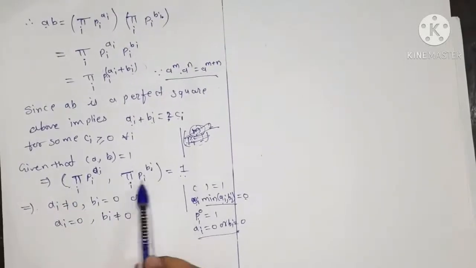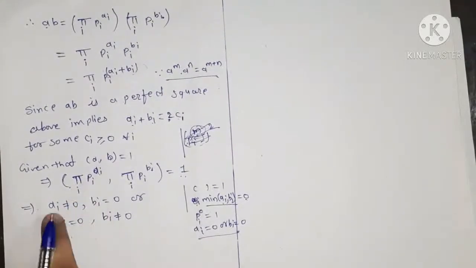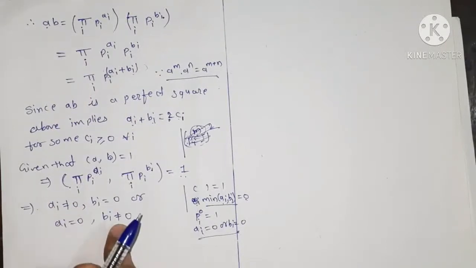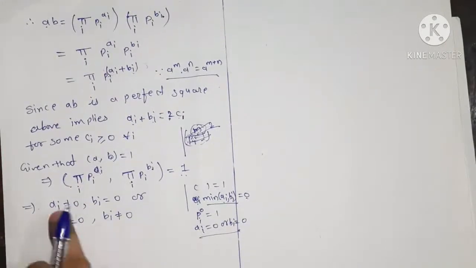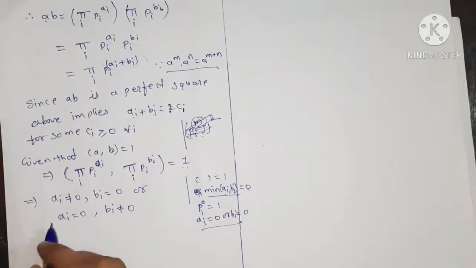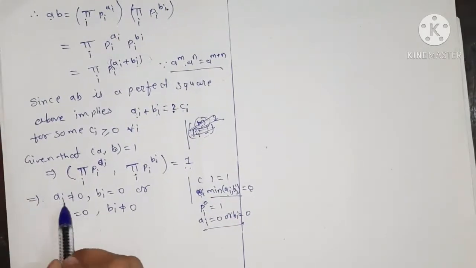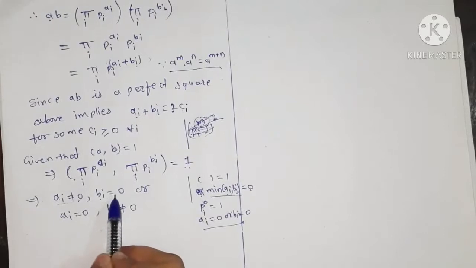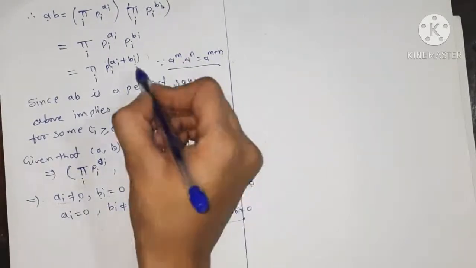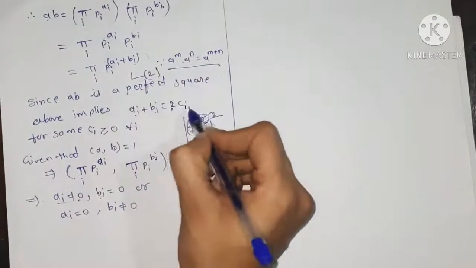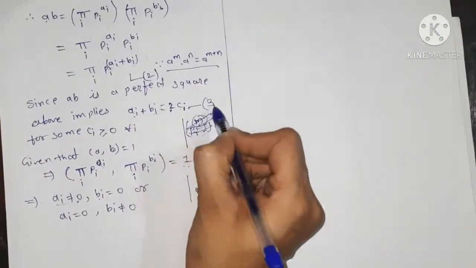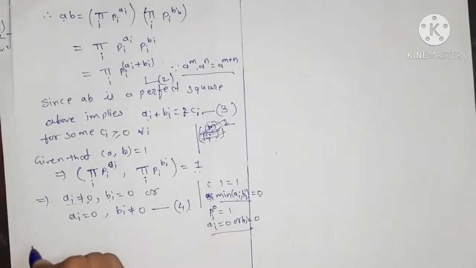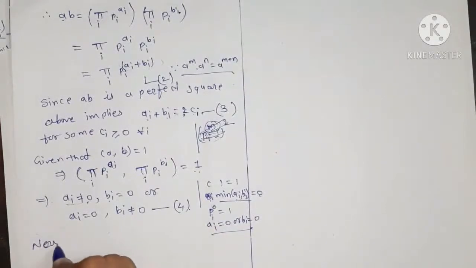To require the GCD to be equal to 1, we require at least one of them to be 0. We give these as equation number 2, equation number 3, and equation number 4.